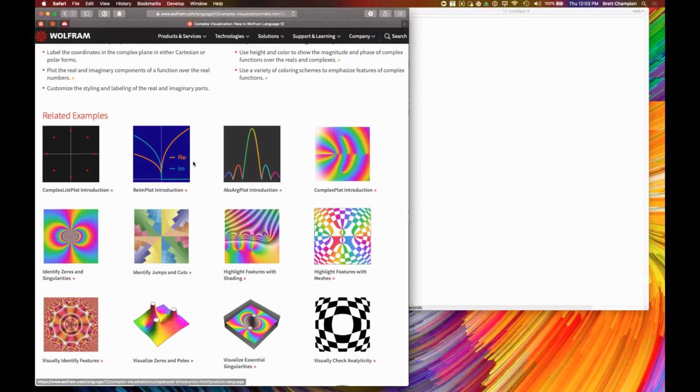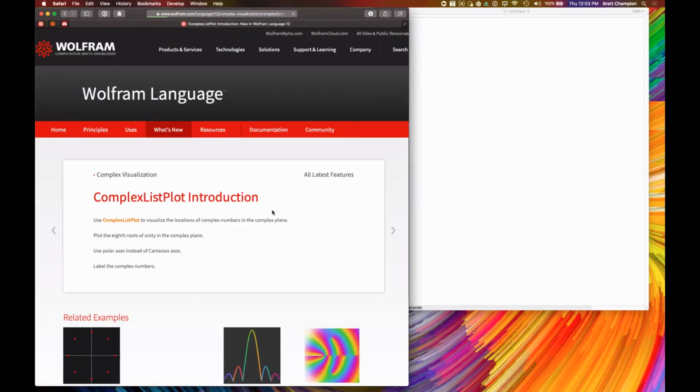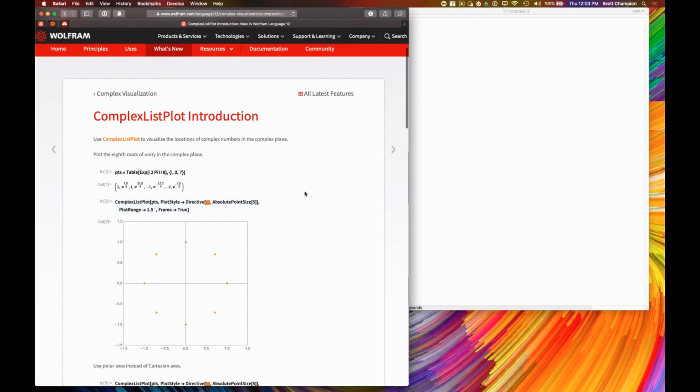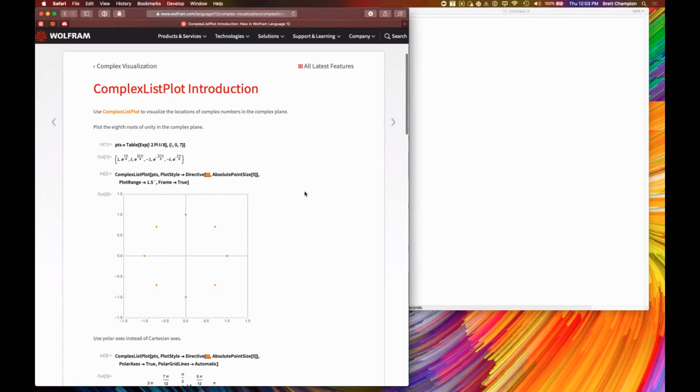So jumping into the new functions, the simplest one is ComplexListPlot, and it is essentially ListPlot, if you're familiar with that, but for complex numbers.